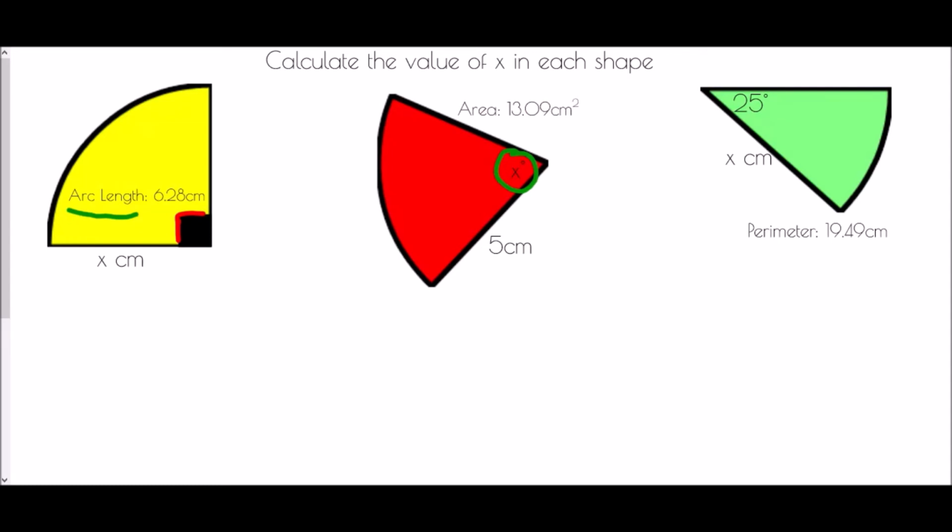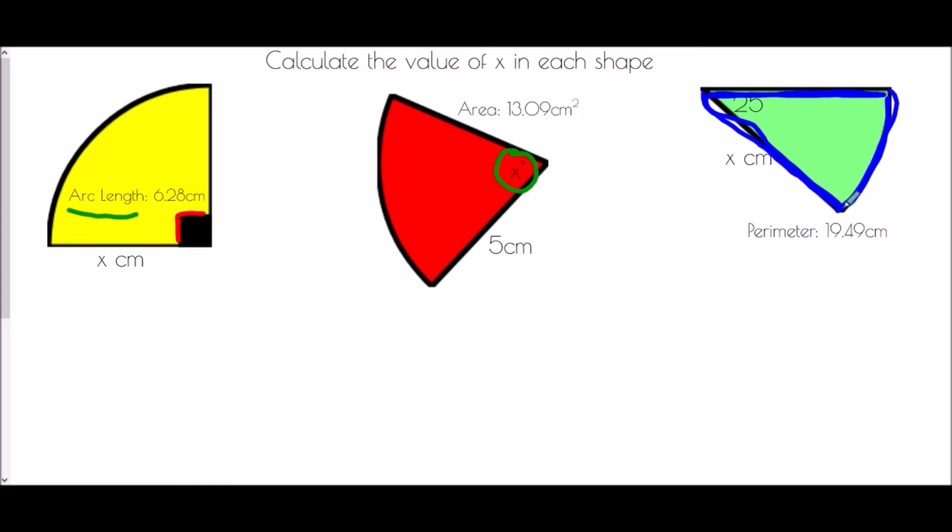And so lastly, we are given the perimeter of this sector is 19.49 centimeters. Now it's very important that we just remember what perimeter actually means. It would mean the total distance around the outside, and therefore that is including the arc on the side, but also the two radii which enclose the shape.